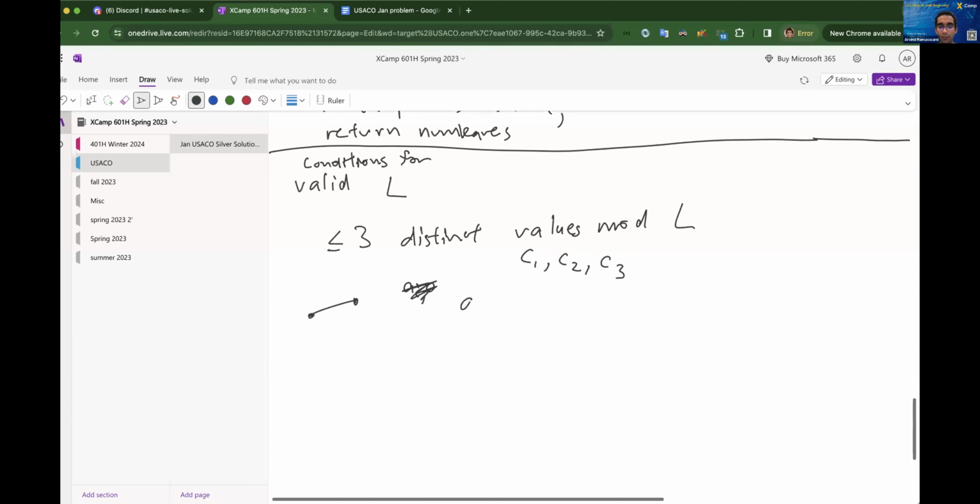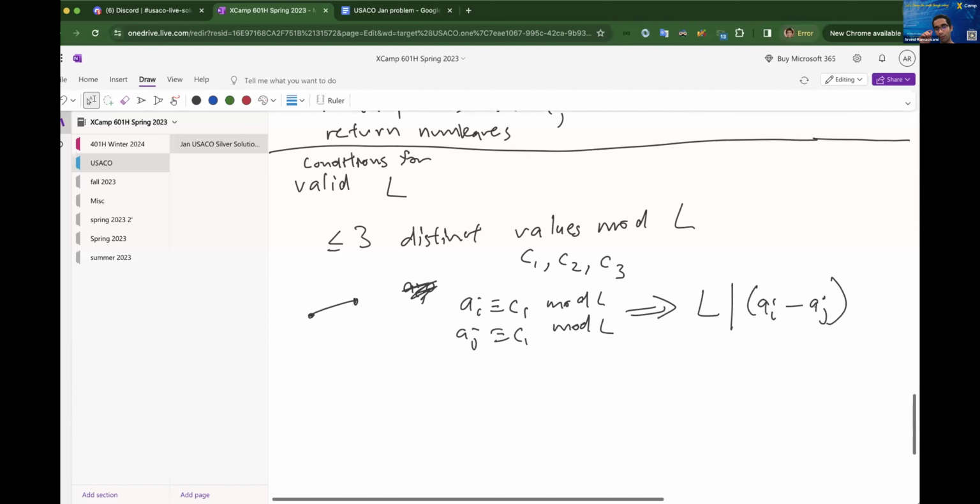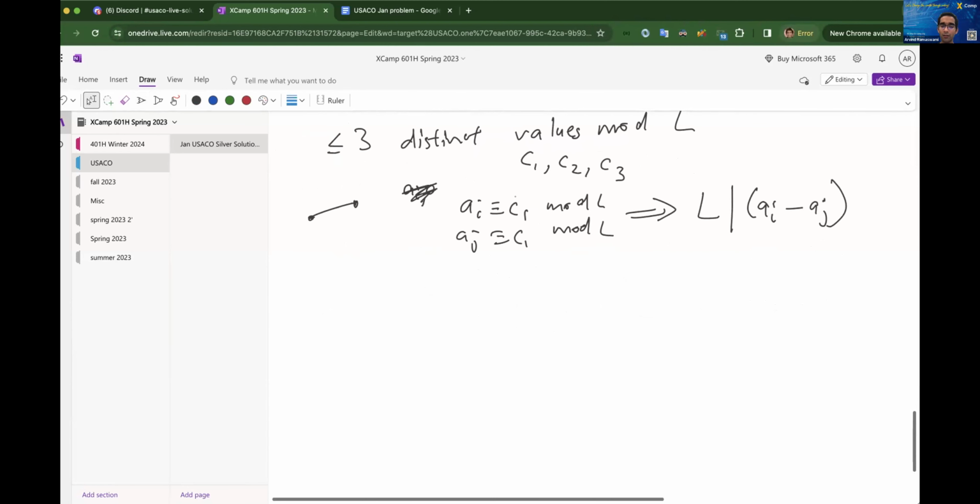If AI is equal to C1 and AJ is equal to C1 mod L, that basically gives us that L divides AI minus AJ. So if any 2 things are the same mod L, then L divides AI minus AJ.